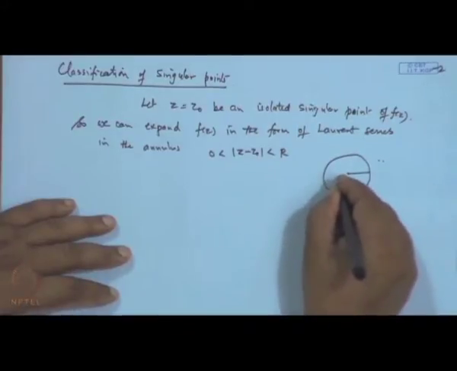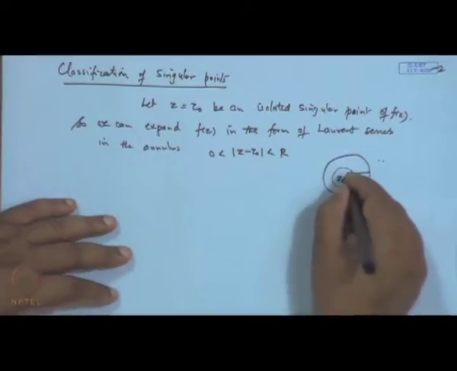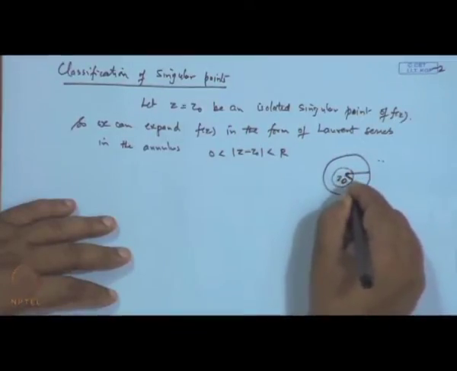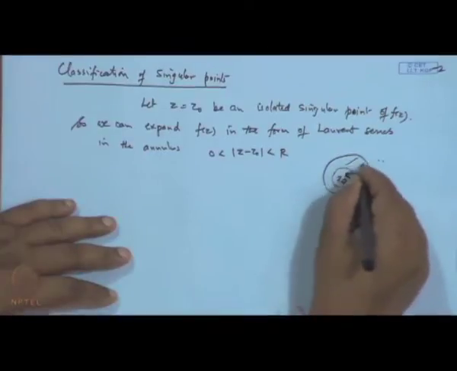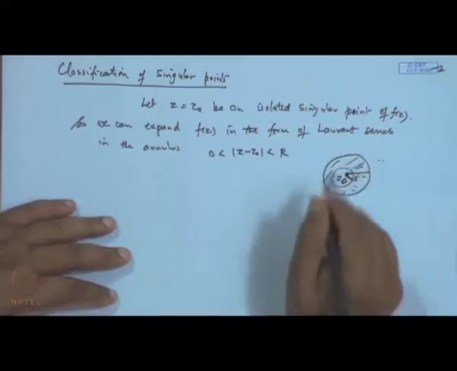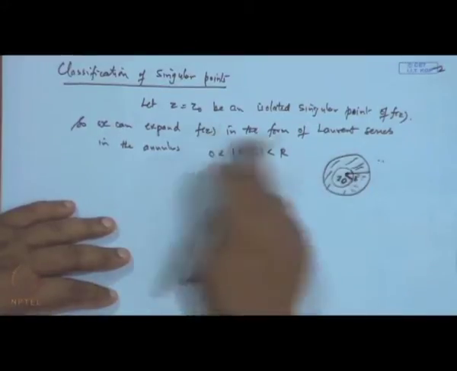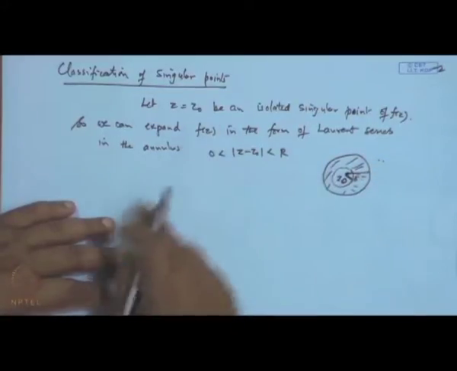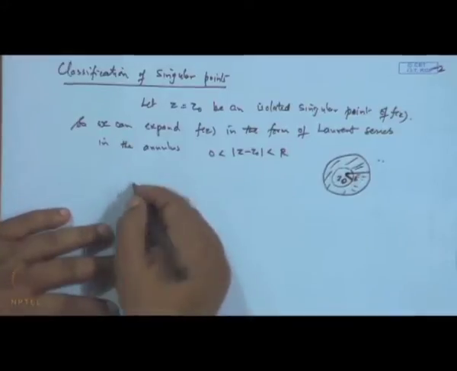So, this is our z naught point, and here if I remove a small portion, say delta, this radius, then we get this annulus 0 less than mod z minus z naught less than r. In this annulus, the function f is analytic. So, it can be expressed in the form of the Laurent series as follows.